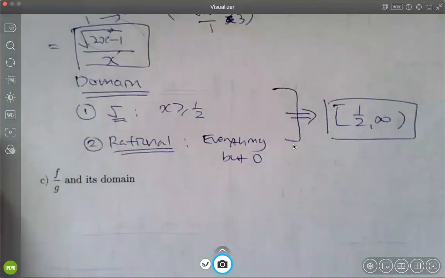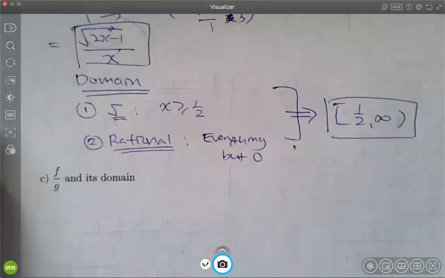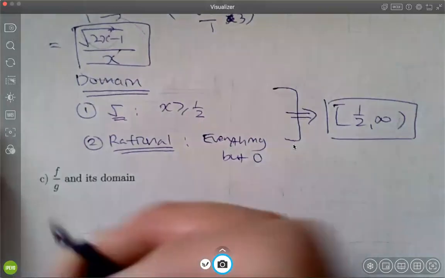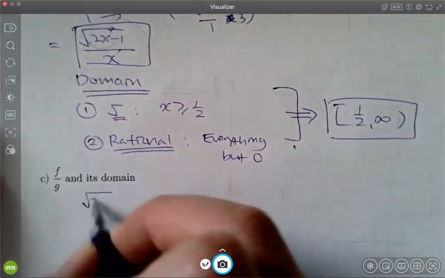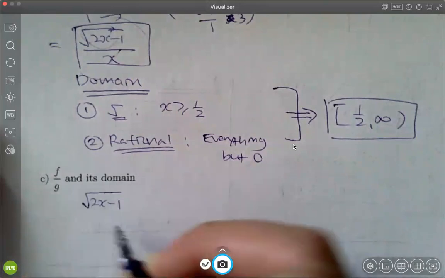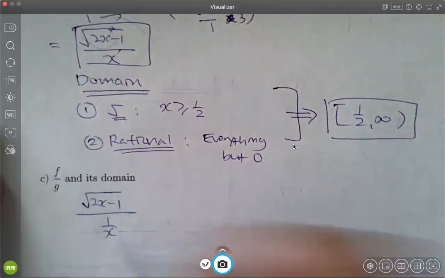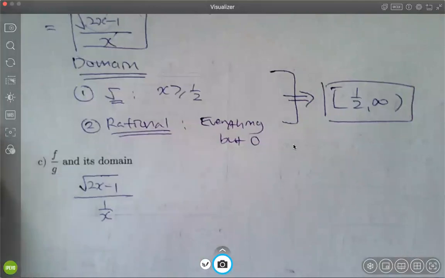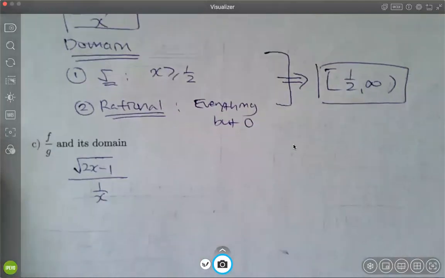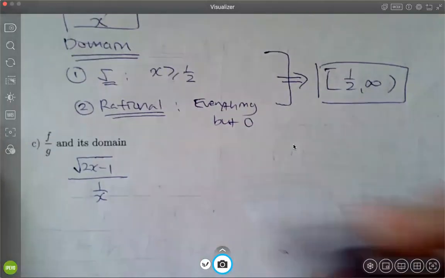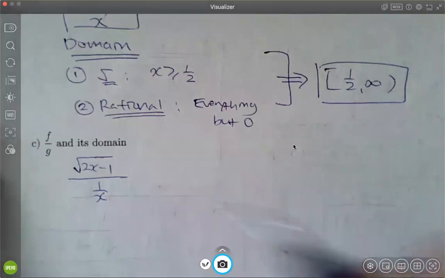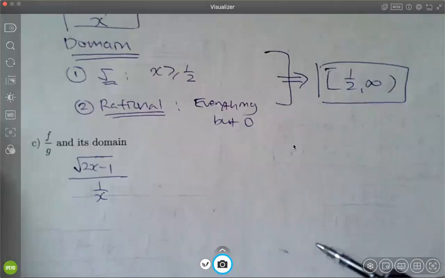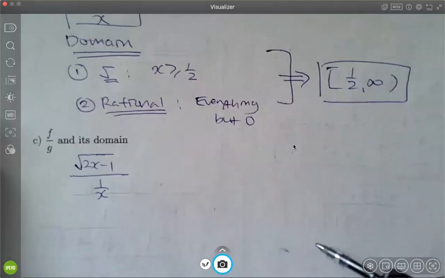And now the last one, f over g and its domain. So this means what? Square root of 2x minus 1 all over 1 over x, right? Okay, f over g. And now, have you seen this kind of fraction before? Fraction inside a fraction. Do you know the way to simplify this?